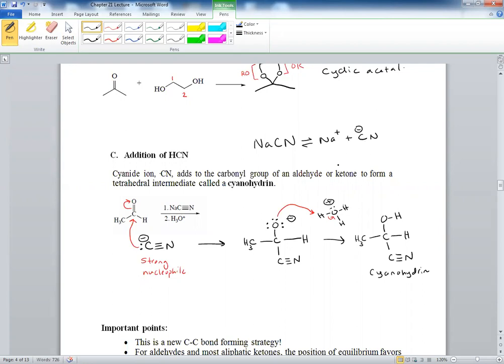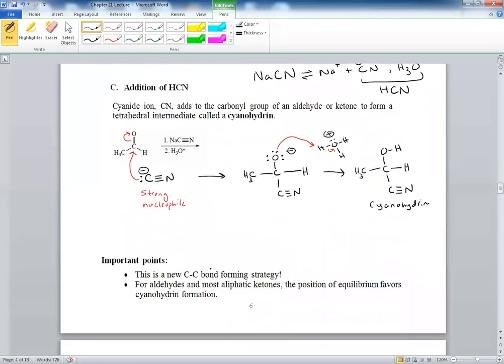Now, if I have HCN, and of course H3O plus, it means you have the acidic hydronium here. So this is what is meant by HCN. If you ever see HCN written here, that's the same as these two steps of reagents.